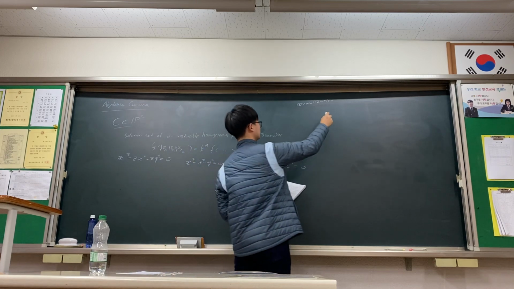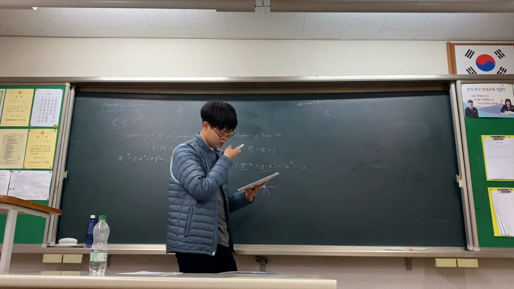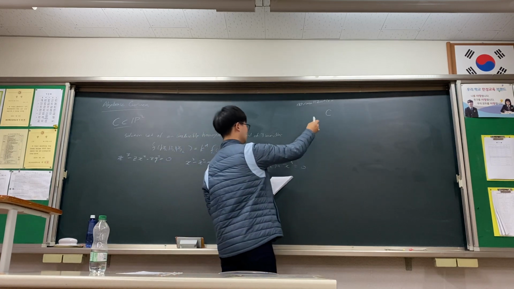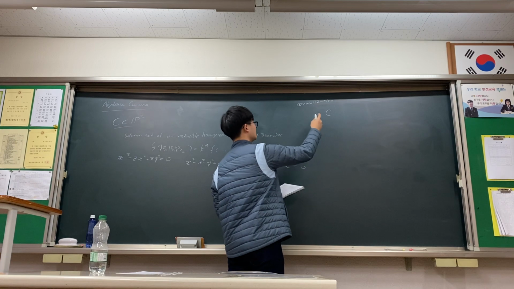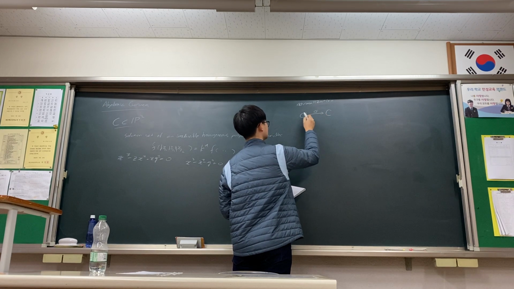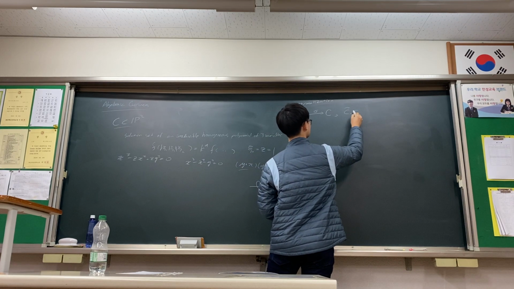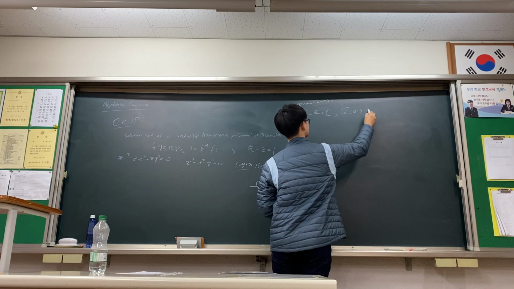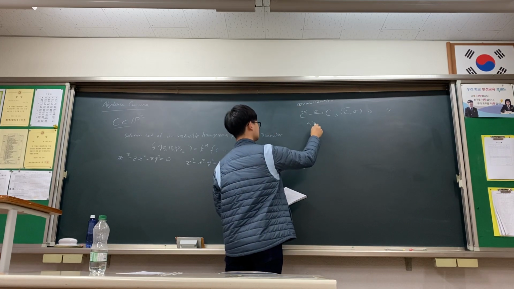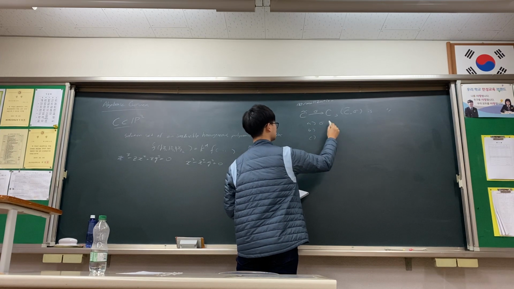We start with C, an algebraic curve, and typically we will just say this is in P2. And we say the pair sigma and C tilde satisfies three conditions. First, sigma is surjective.